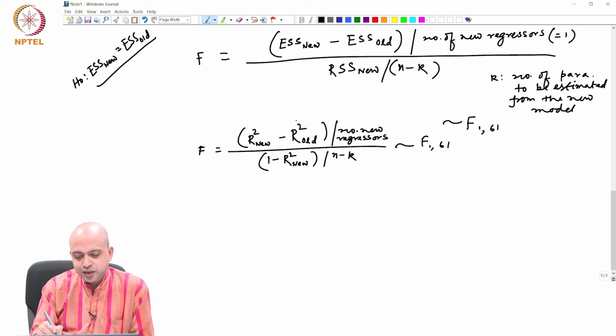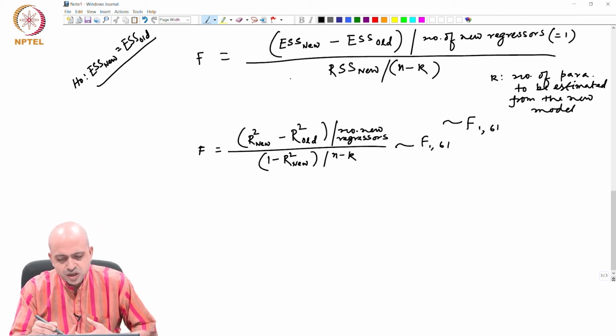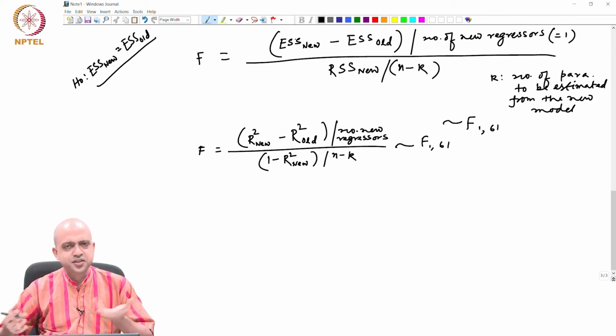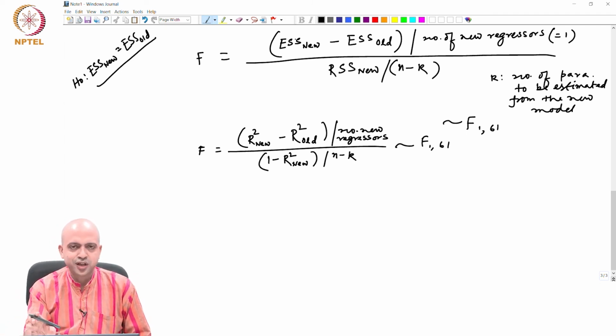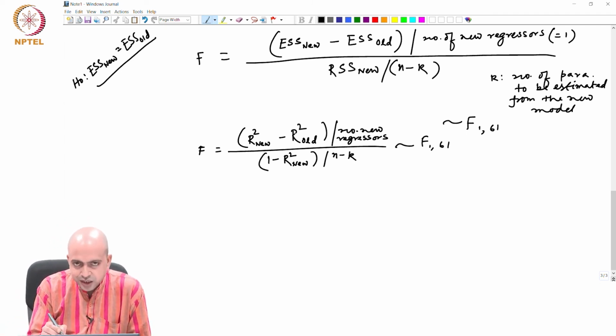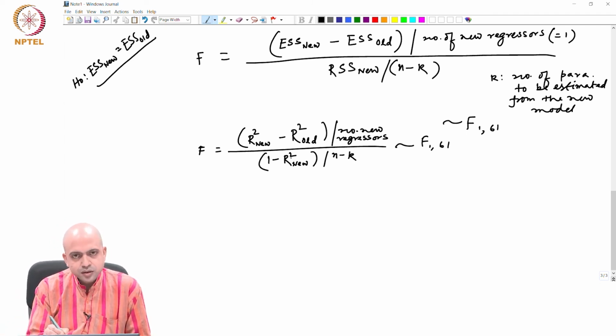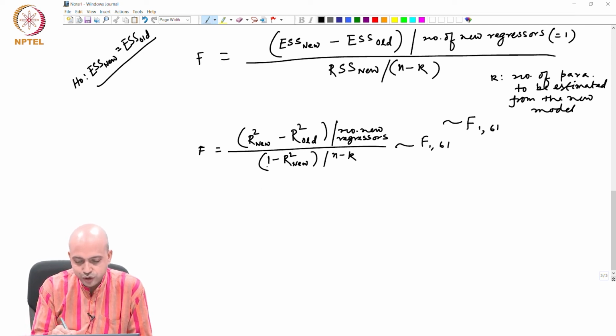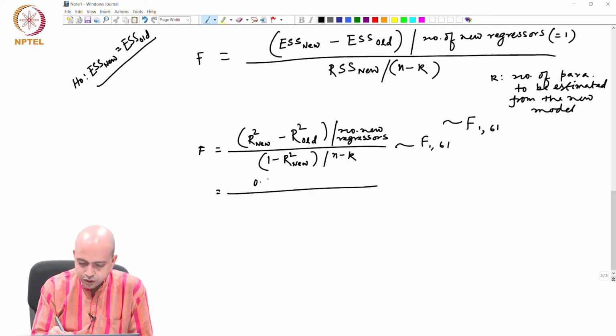Now, why am I defining this in terms of R square? Because the value of the ESS is huge, you will have difficulty in calculation. That is why we are putting the same expression in terms of R square also, easy to calculate. So, what is your R square new? R square new is 0.7077.